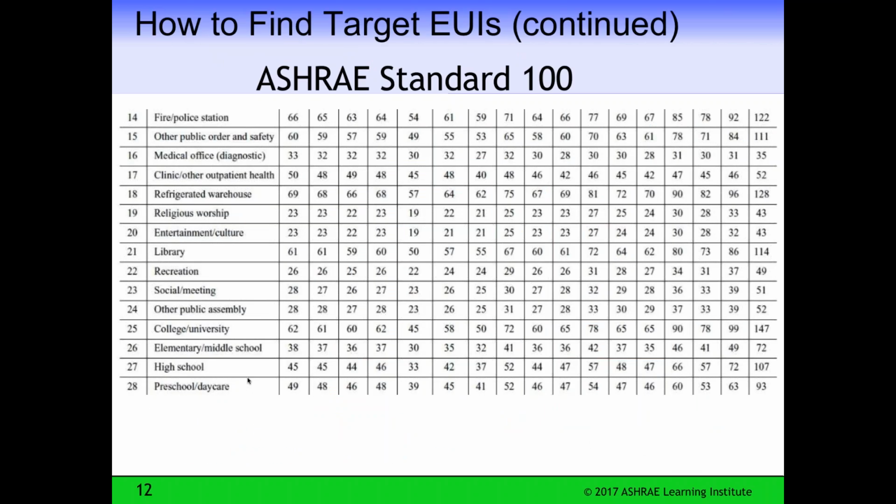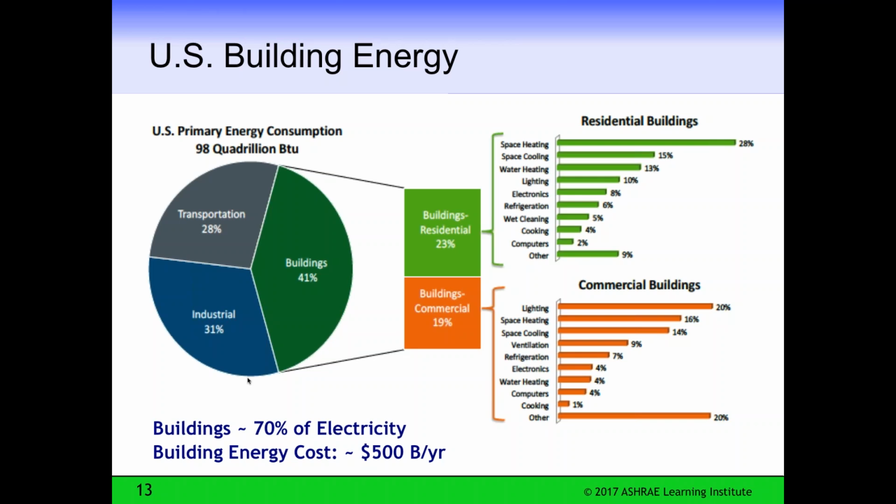Okay. Now, this is a nice summary of building energy use in the context of total energy use in the U.S. And you see that of total energy use, 28% is transportation, 31% industrial, and buildings 41%.